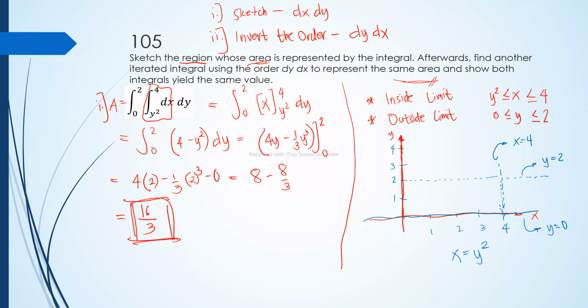That is a parabola that opens to the right. When x is equal to 0, y is equal to 0, and if x is equal to 4, then y is equal to 2. So that is the parabola here.